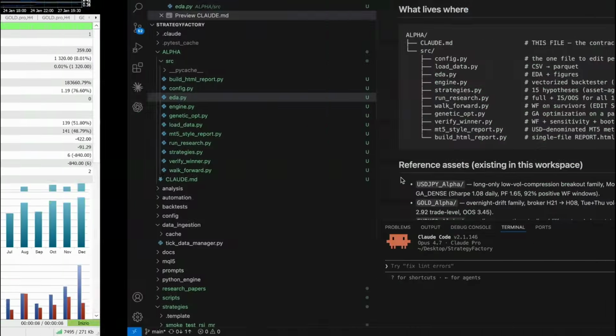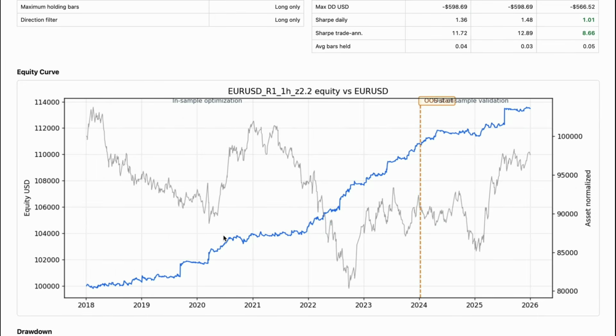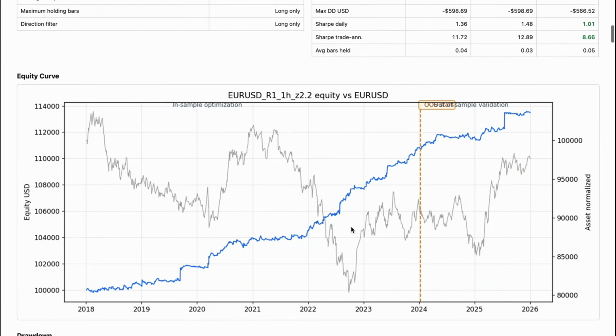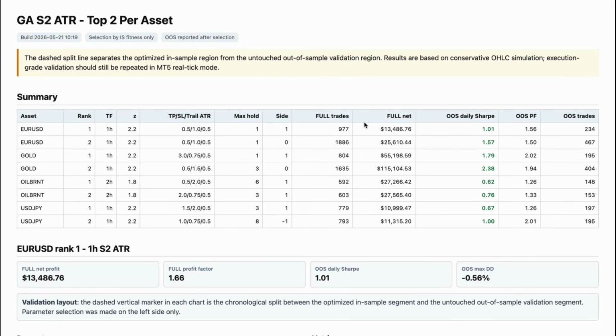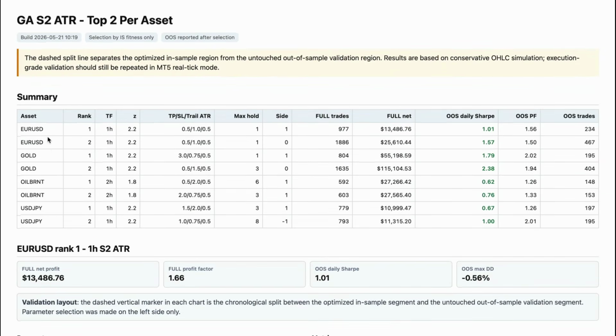But the thing is, to optimize this and also to build the logics and test it on multiple asset classes, it was taking ages. So for each asset, to reach something like this, an optimized report with optimized parameters, I think it was taking me at least 5 hours and 300 clicks. And then you multiply that for each asset class.